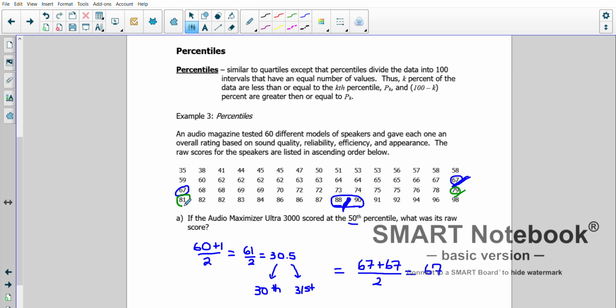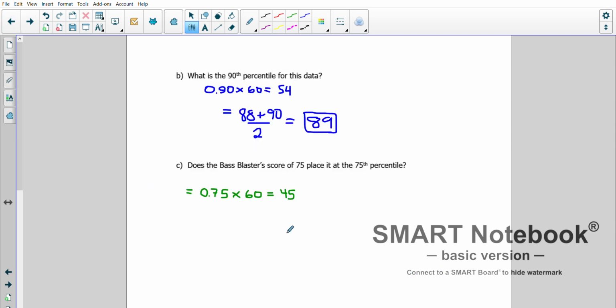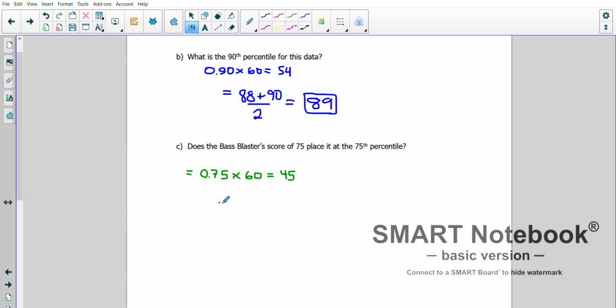If you think about it, with the boundary line I drew right here, 45 out of 60, which is 75%, is less than or equal to whatever this value is going to be. So it's going to be an average of 79 and 81, which is 80. That equals 80, and that is all.